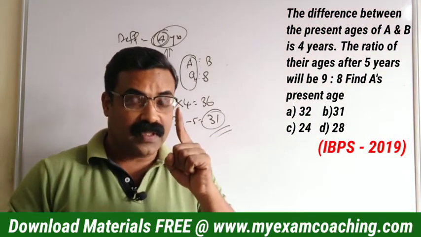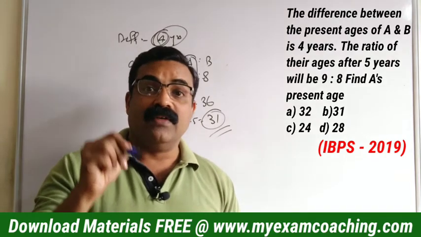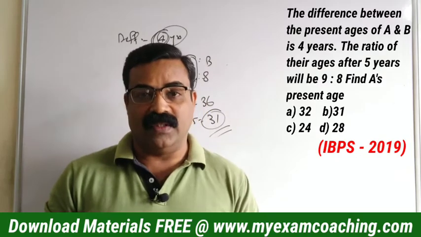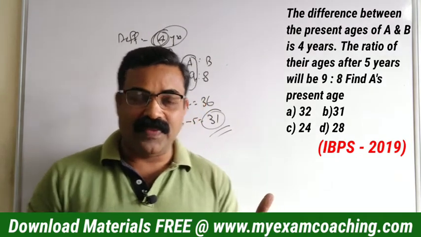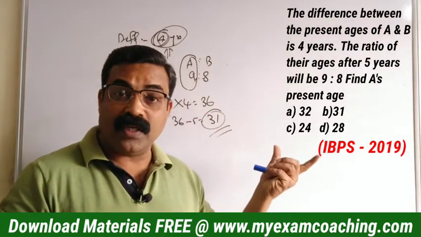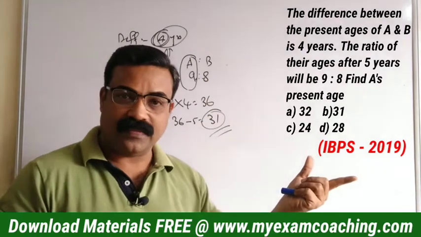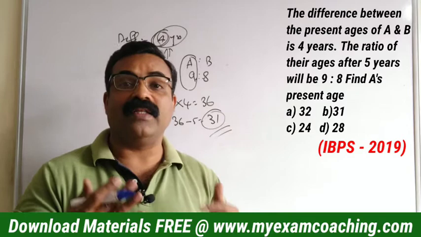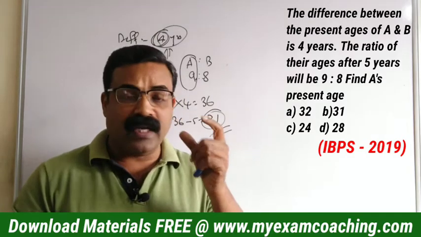That is one method. Now there is one more method, which is also called the option verification method. What is that option verification method? We need to find the correct option by verifying the given options. This method we can also use for many questions when you write competitive exams, and it will definitely help you.